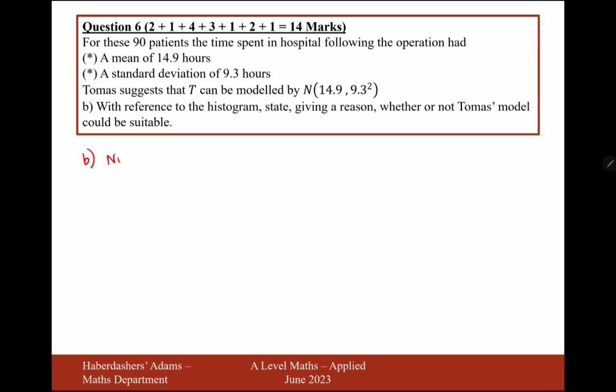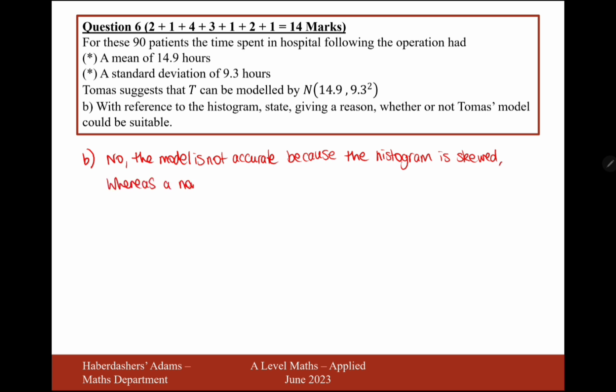So no, the model is not accurate because, and we've got to state giving a reason with reference to the histogram, because the histogram is skewed, whereas a normal distribution is symmetric. And there we are, that's the answer to part B.